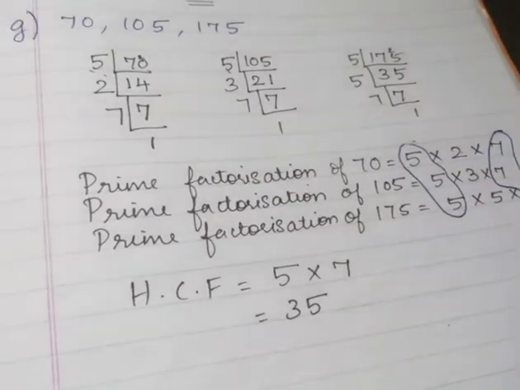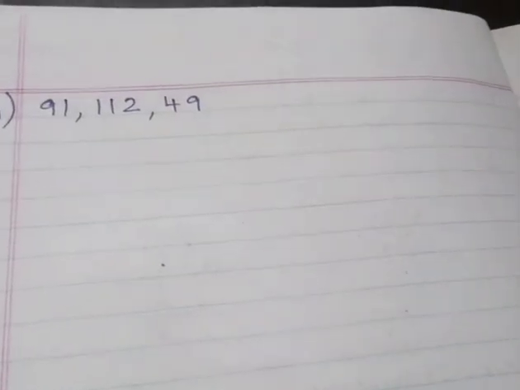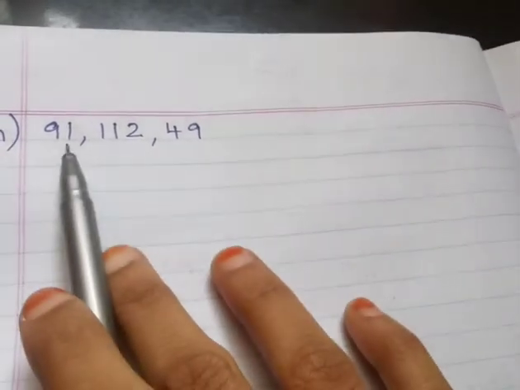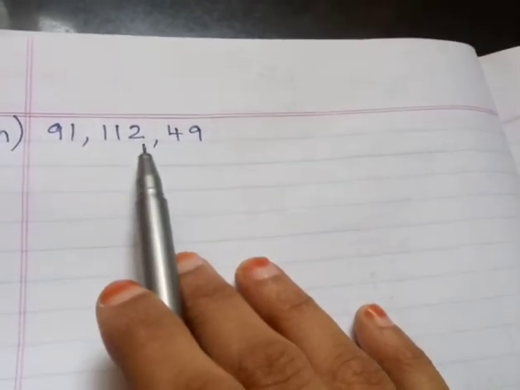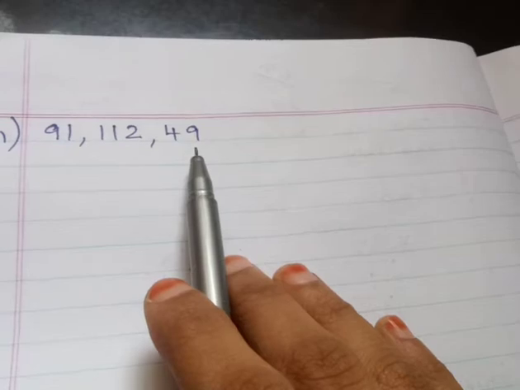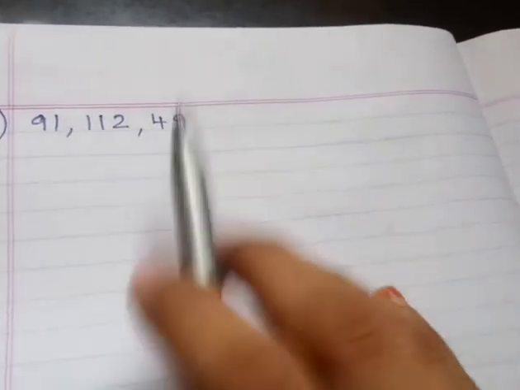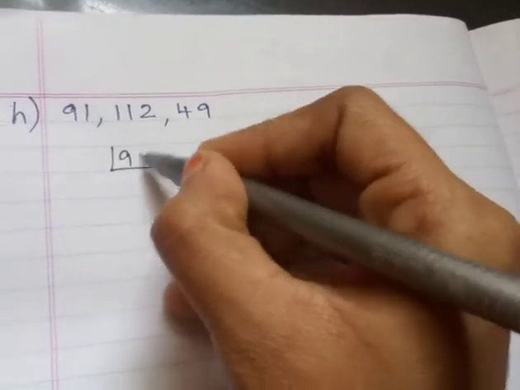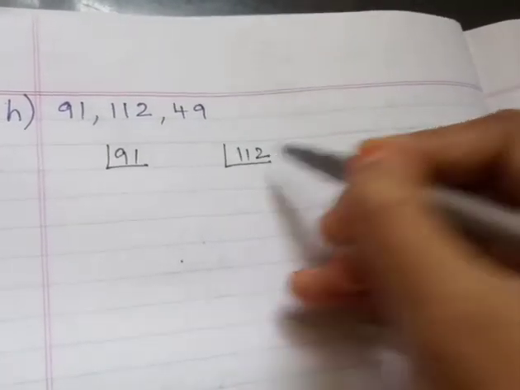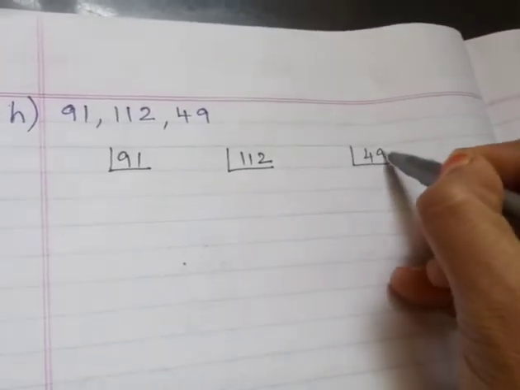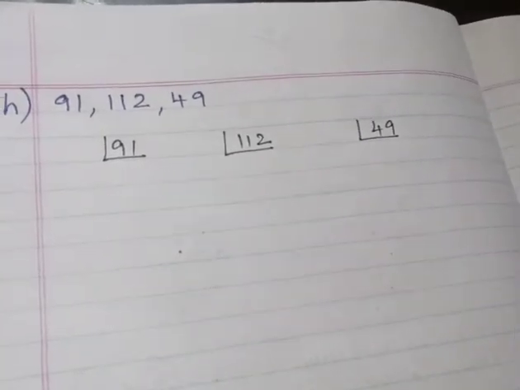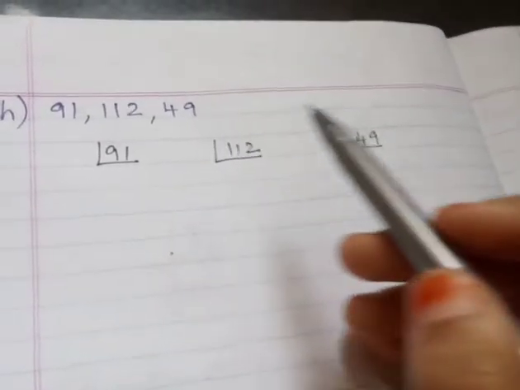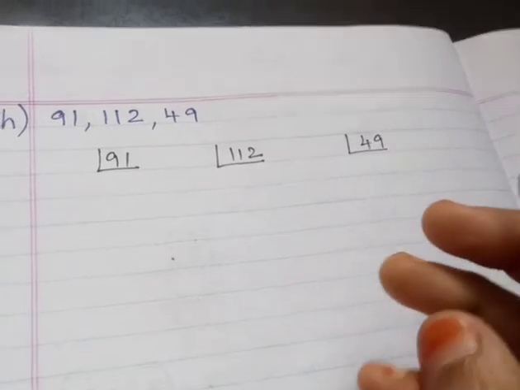Understood, children? Next is your next question. Okay. 91, 112, 49. This is also somewhat bigger value. So we can do the prime factorization separately. 91. In which table will this 91 come? 2 table?